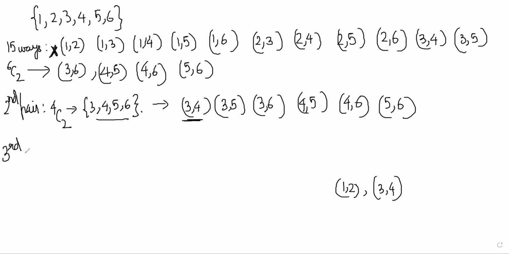The third pair can be done in 2C2, only one way, because only 5 6 was left. So now what we are doing is multiplying this and this and this, right?